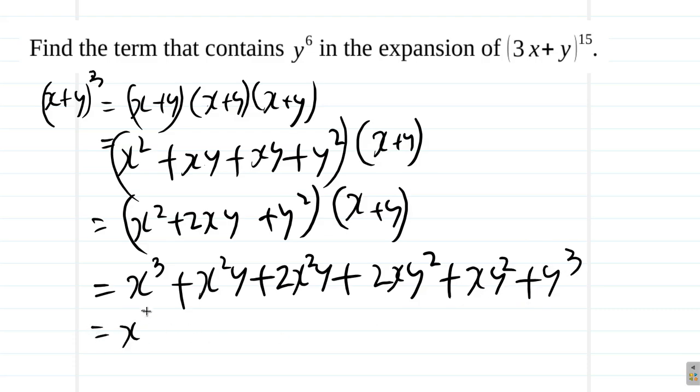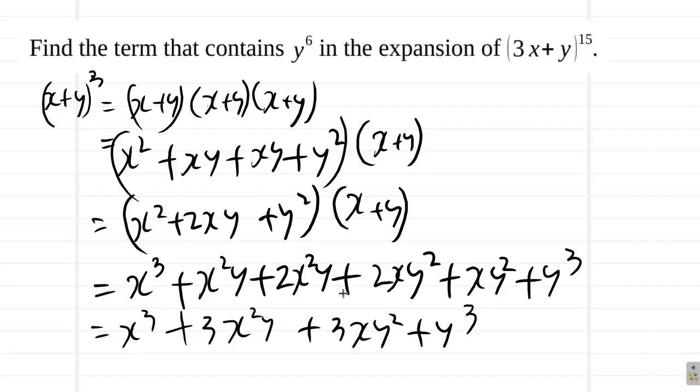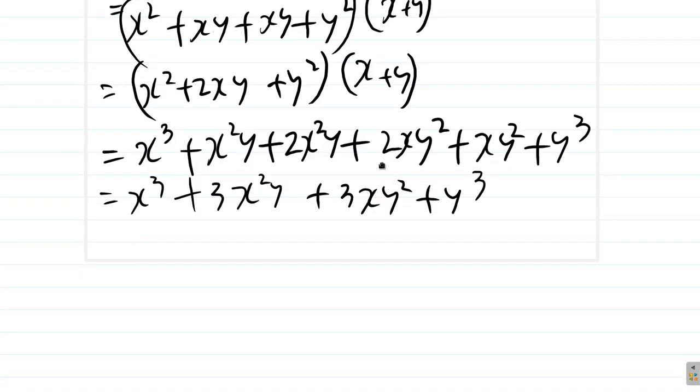So you have x cubed plus x squared y plus 2x squared y gives you 3x squared y, plus 2xy squared plus xy squared gives you 3xy squared, plus y cubed. Alright, so you can see a pattern here. Now, put in all the x's and the y's including to the power of 0.